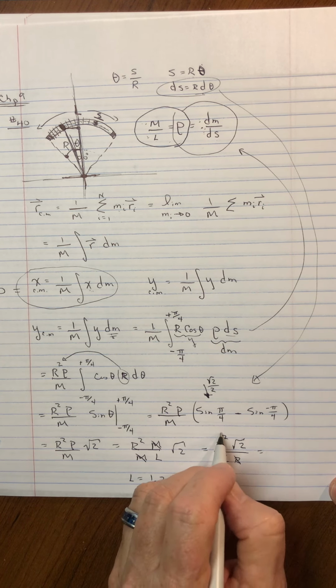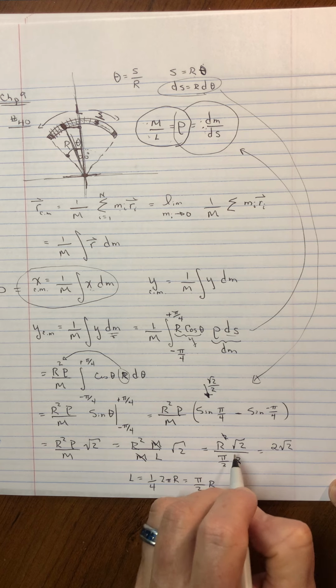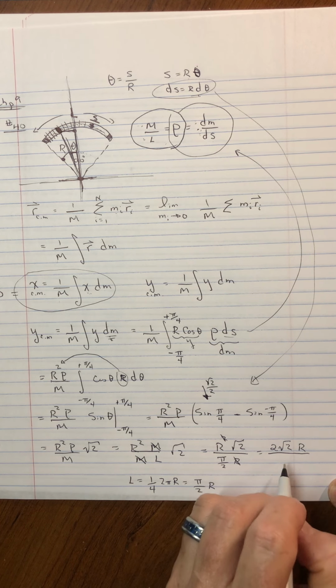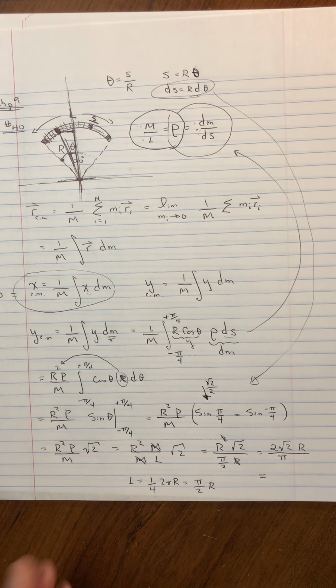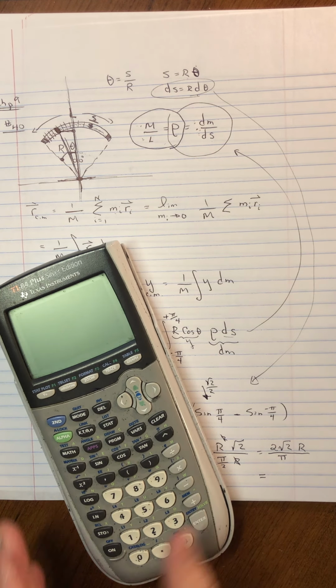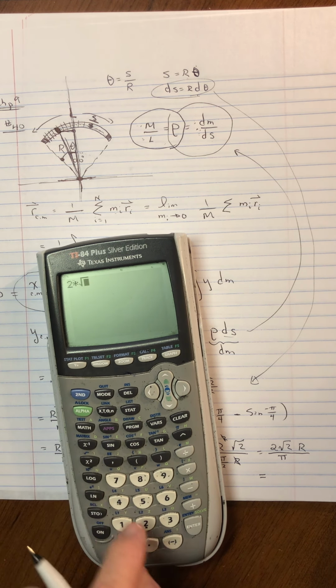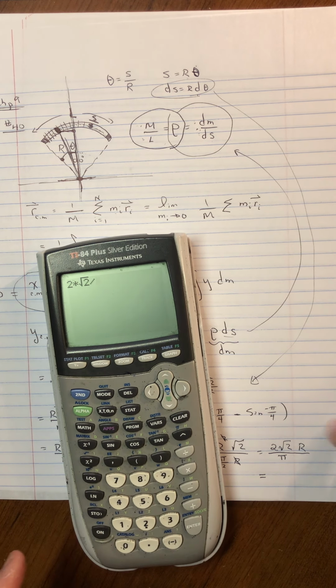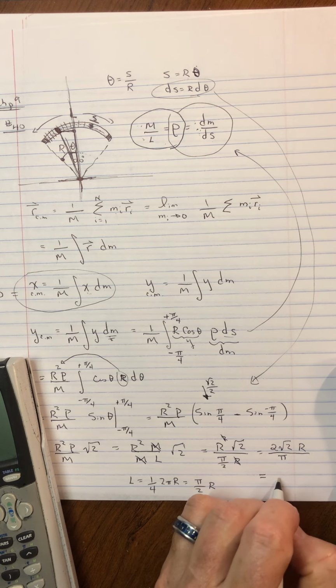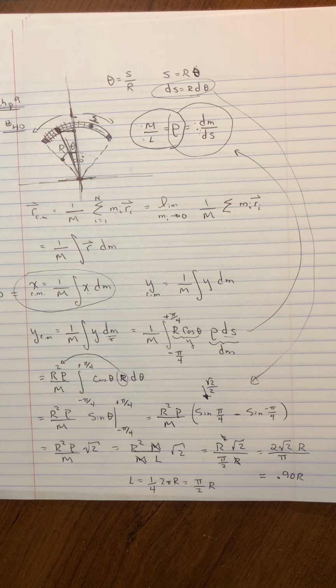And then one of the r's cancel off, and I get a 2 root 2 r in the numerator, and a pi downstairs. Now, if I grab my calculator here, let's see what I get. 2 times the square root of 2, then divided by pi is 90%. So 90% of r is the result.